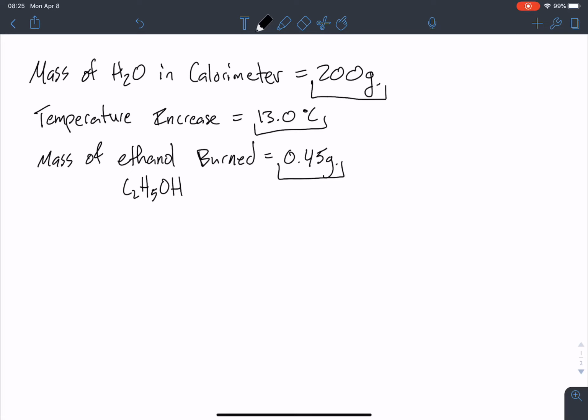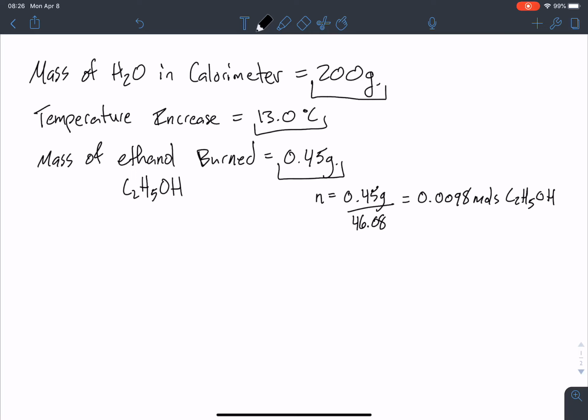So let's just do this all together: n, the number of moles, is equal to the mass divided by the molar mass, which is 46.08. 0.45 divided by 46.08 gives me a small number of moles, so 0.0097. Let's call that 0.0098 moles of C2H5OH.